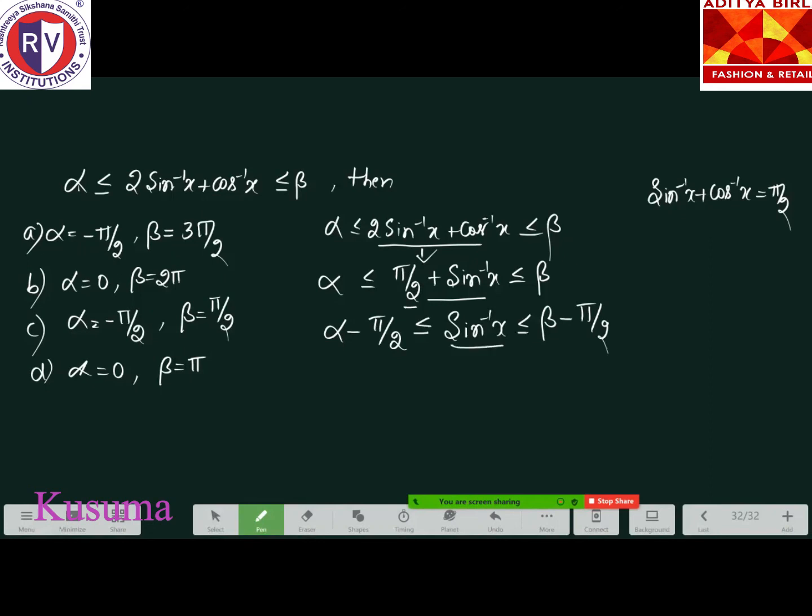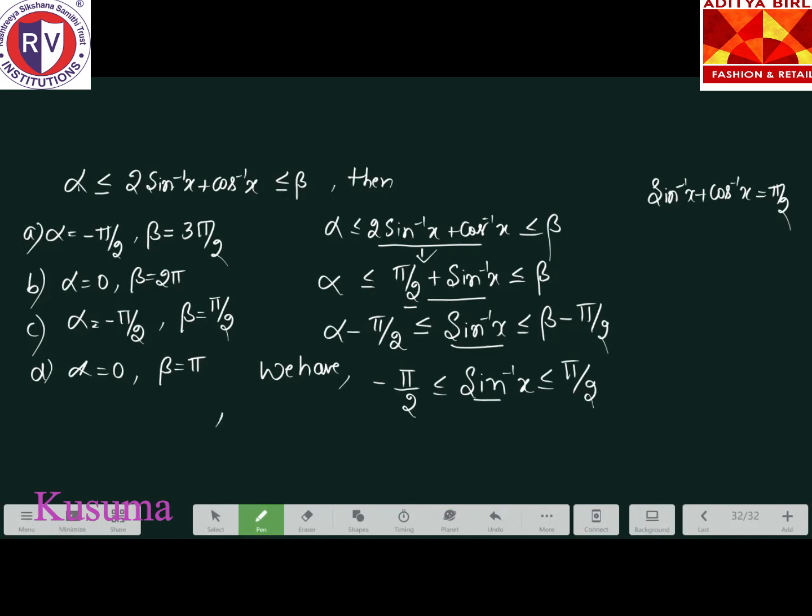Now we know that sine inverse x always lies between minus pi by 2 to plus pi by 2. Now, here the term in the middle is same. So we can equate these two. That is alpha minus pi by 2 will be equal to minus pi by 2. And beta minus pi by 2 will be equal to pi by 2.